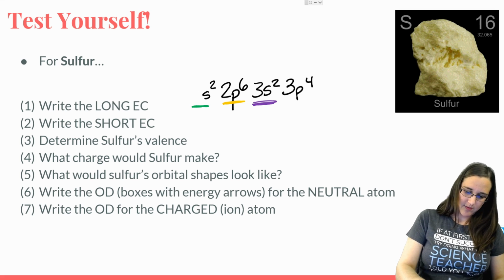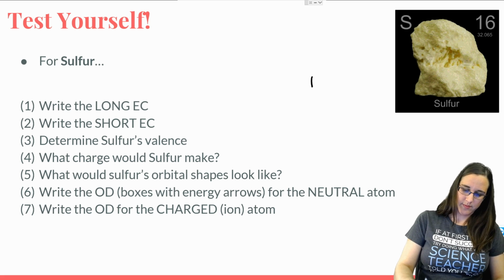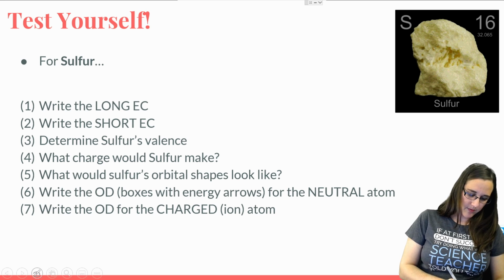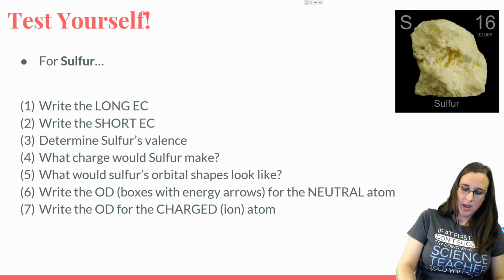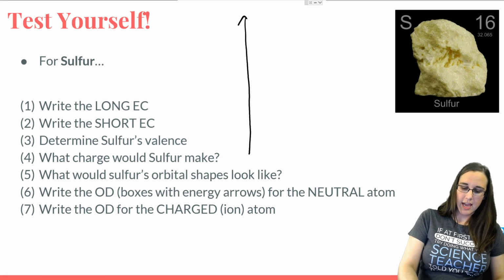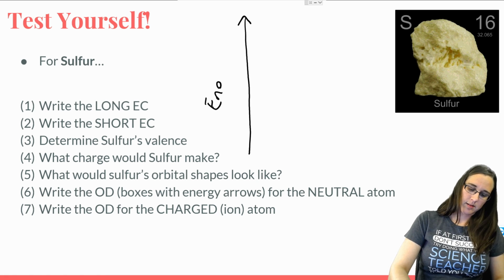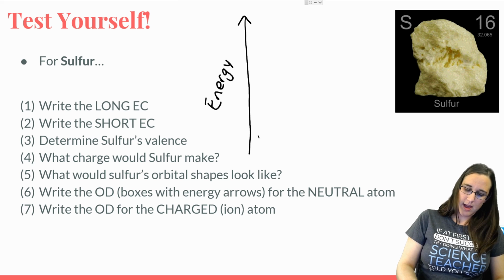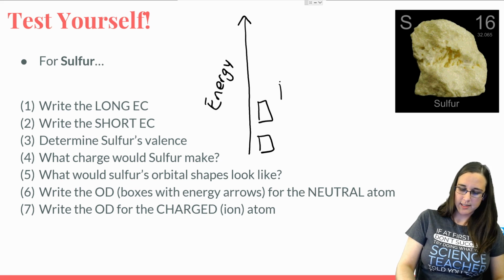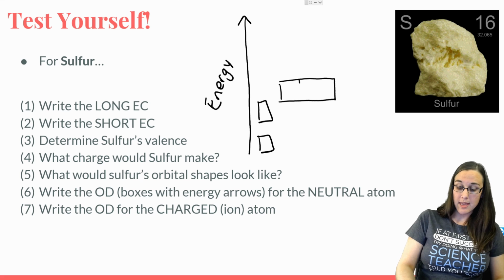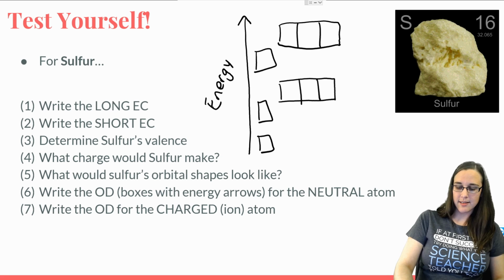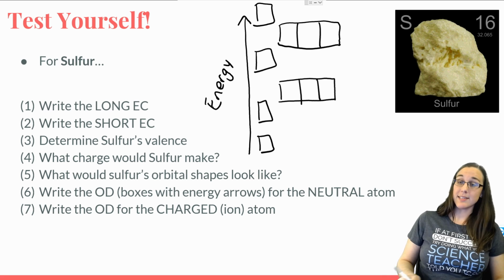We can get rid of this too now, and let's draw our orbital filling diagram. We have our energy arrow. We have a 1s box, a 2s box, a 2p box, a 3s box, a 3p box, a 4s box.